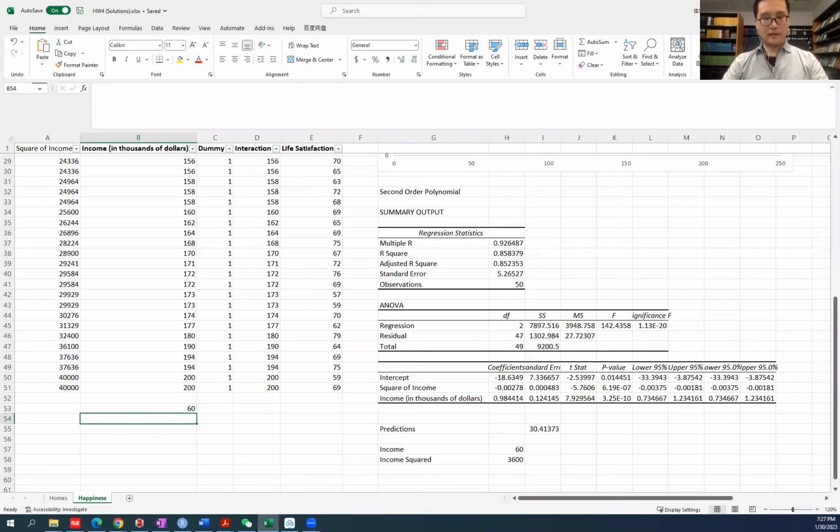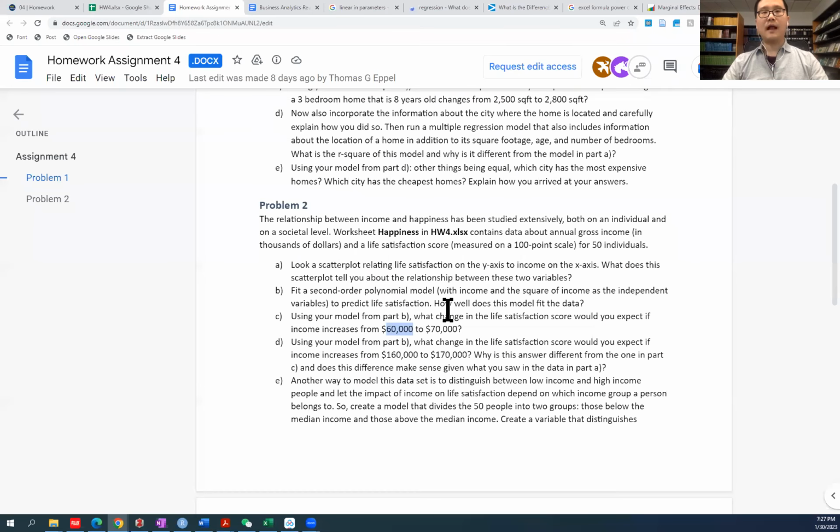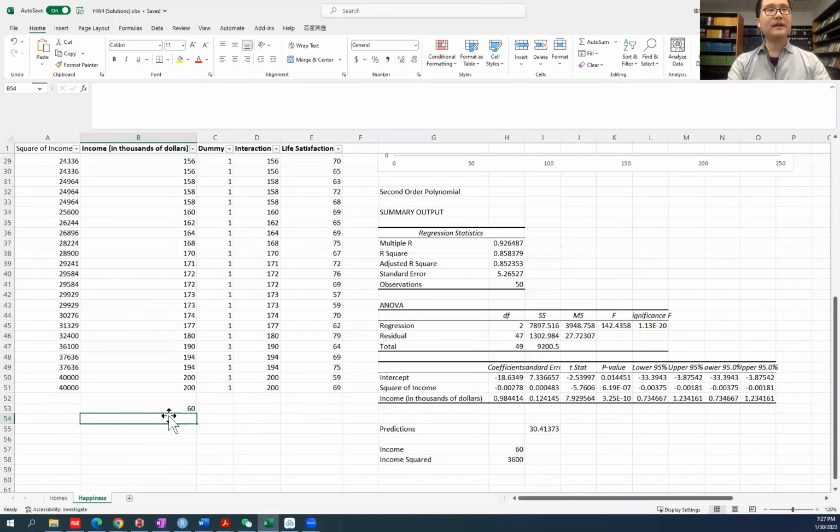And now, from what value to what value in income should we calculate the change? This is 60,000. So in terms of how many thousands of dollars, we should put 60. Oh, we should put 70, excuse me. So we have the baseline 60,000 and target level 70,000.